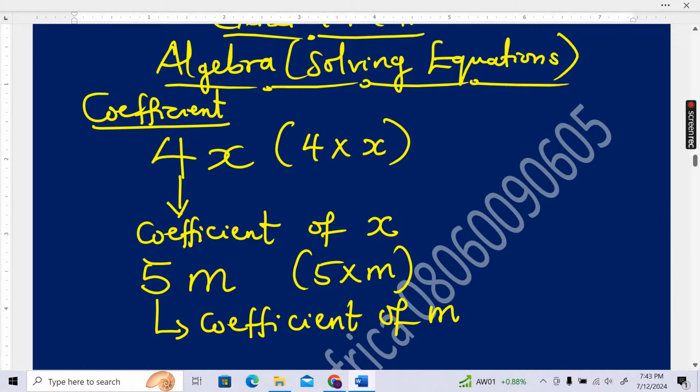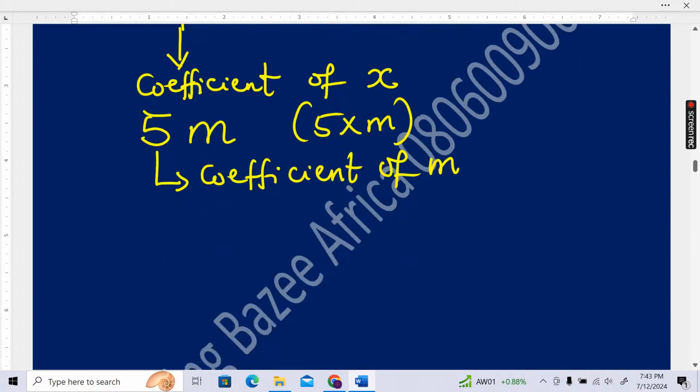Okay, now let's identify coefficients in other terms. Now, what's the coefficient of y in this particular term, which is y? Which number is multiplying y? There is no number beside y, but the number that is there that you can see is 1.